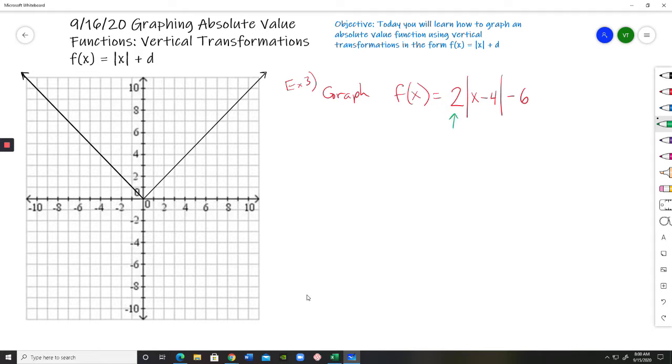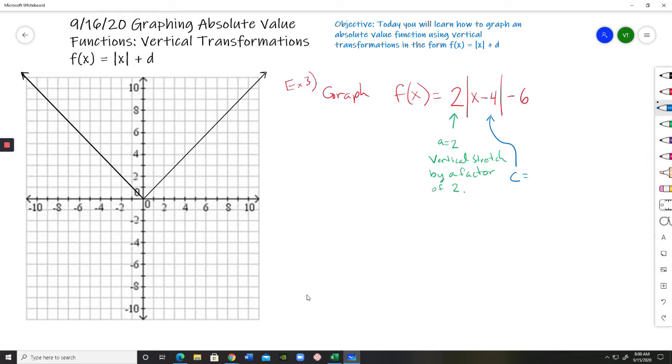Starting in the front, we have a equals 2, which is going to cause a vertical stretch by a factor of 2. And then inside here, we have x minus 4, and that's going to be our letter C. And now remember, C is always going to take the opposite sign.